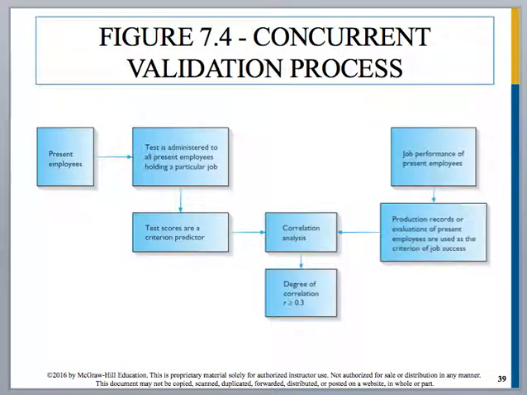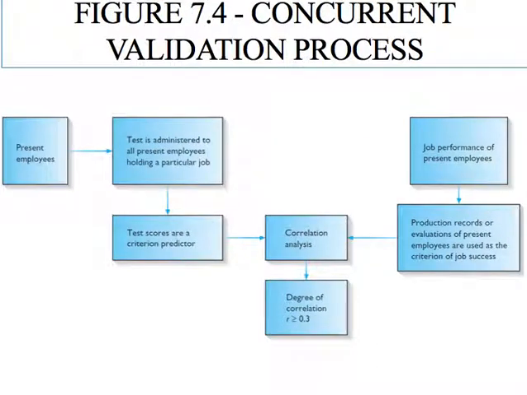I'm going to zoom in on this chart so we can look at concurrent validation. And you can see where you have your present employees. They go through the test, and it's usually those who are holding a specific job type. Those scores are criterion predictor.